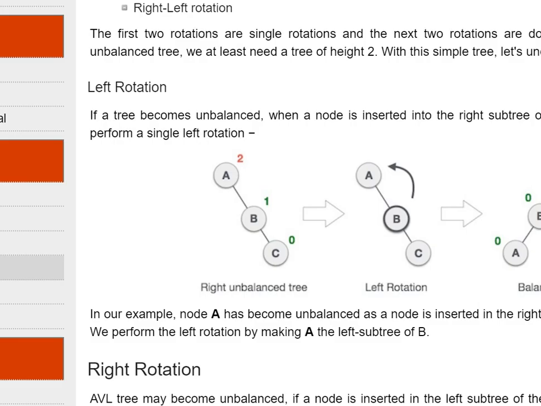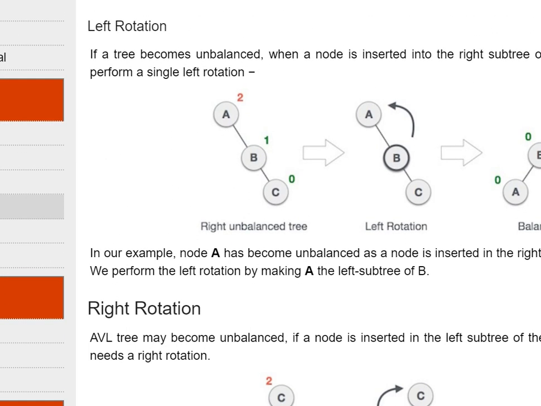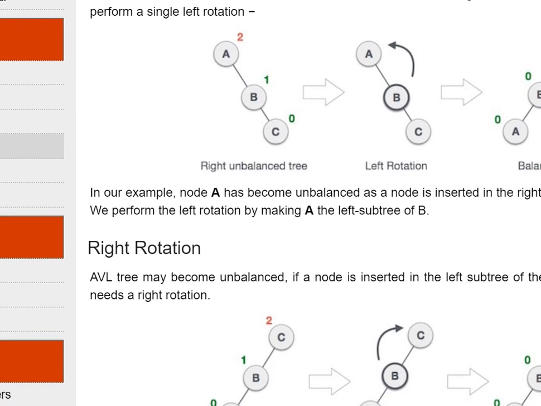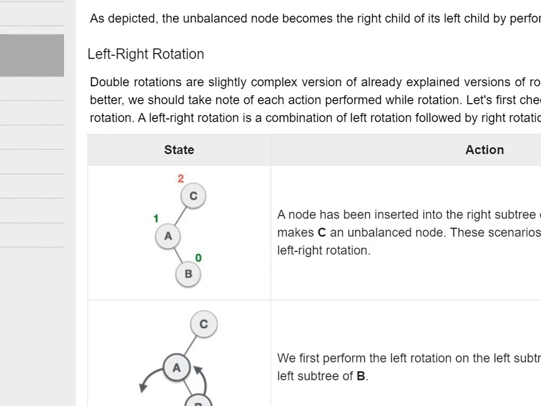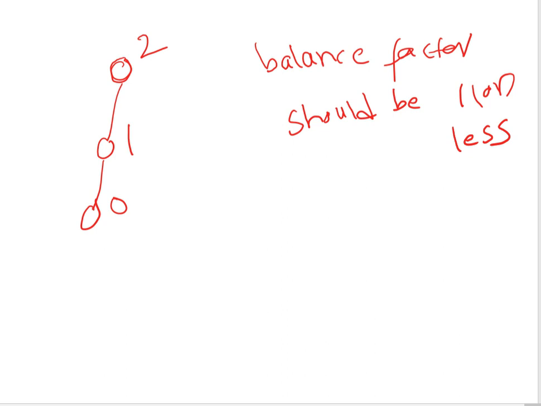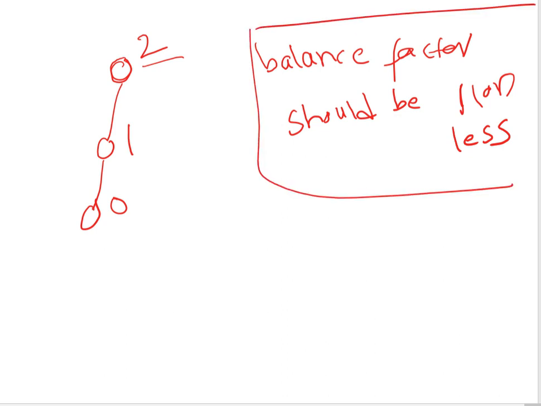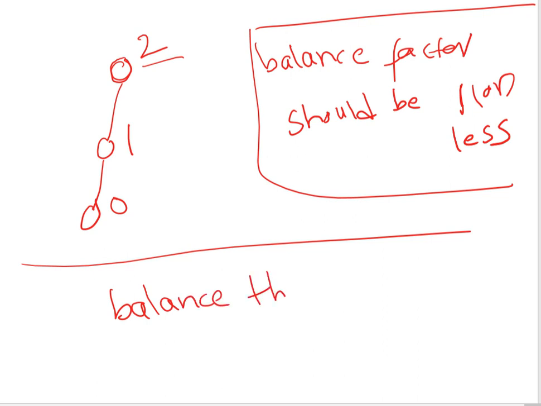That's why it's our job to bring the tree into balance. Now the height of this tree is 2, so this is not the balanced tree. We need to balance this tree because the difference should be 1 or less, but here it is 2. That's why we need to balance the tree.